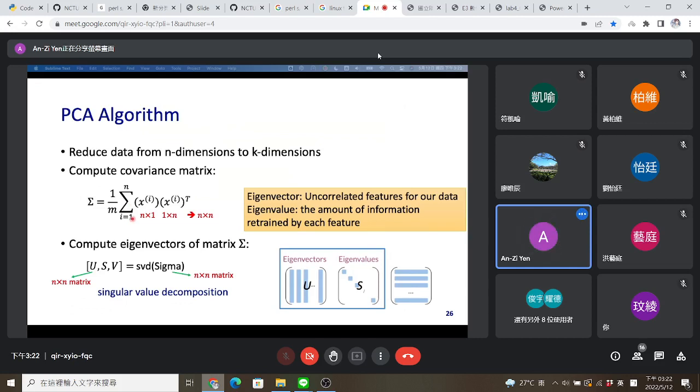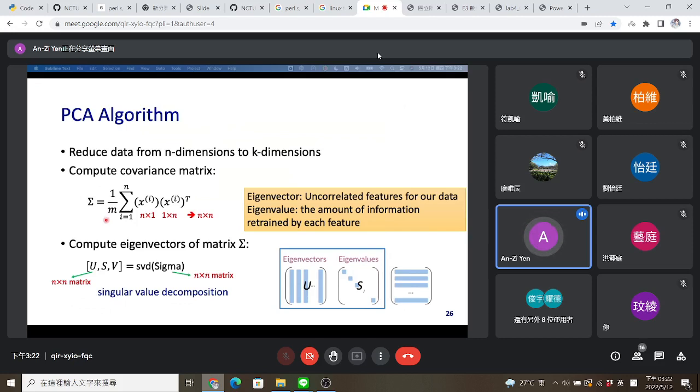Okay, how do we compute this matrix? What we need to do is to compute something called the eigenvector of matrix sigma.